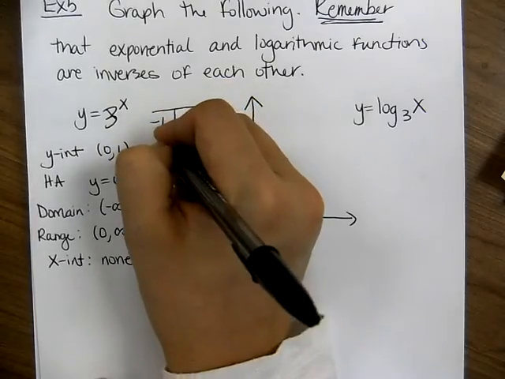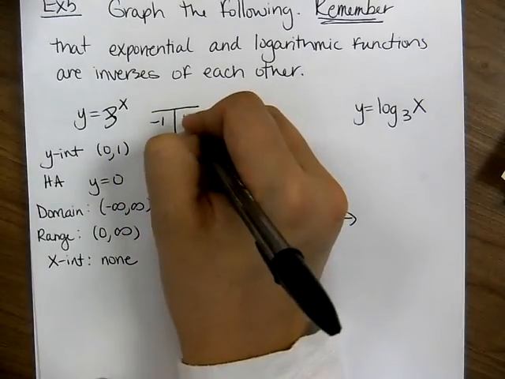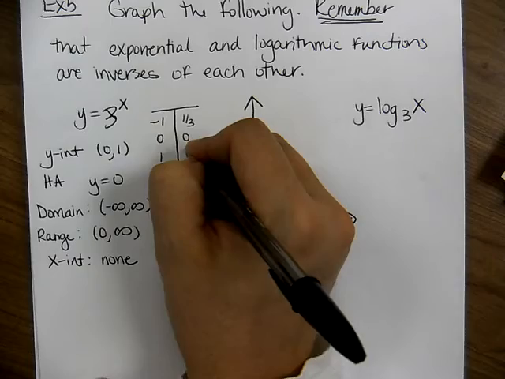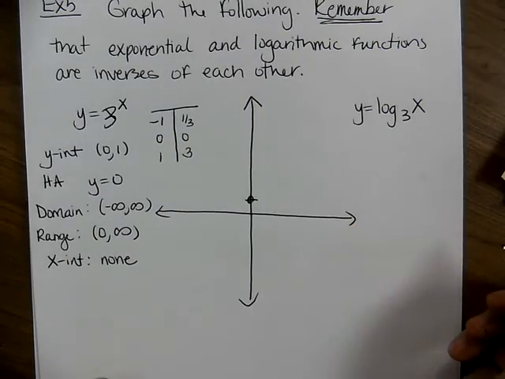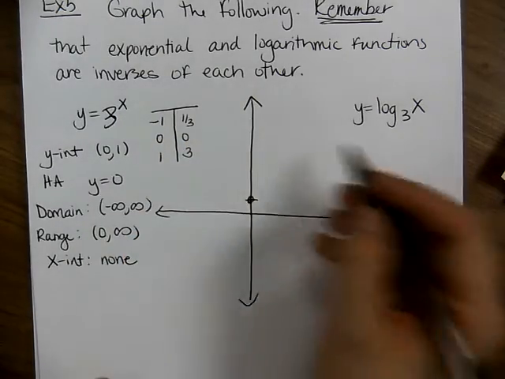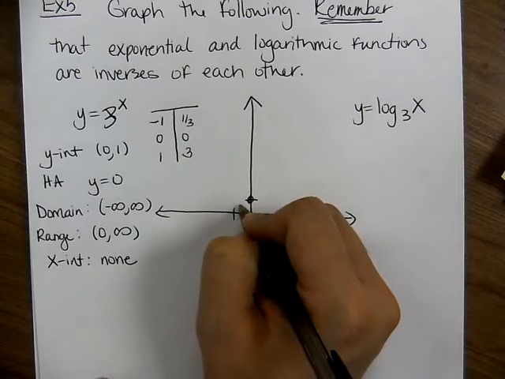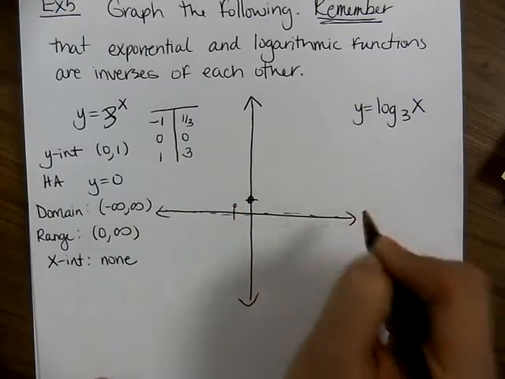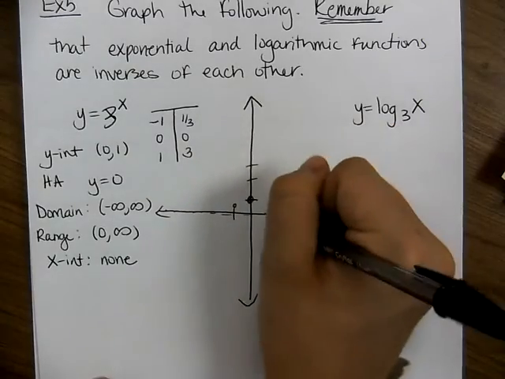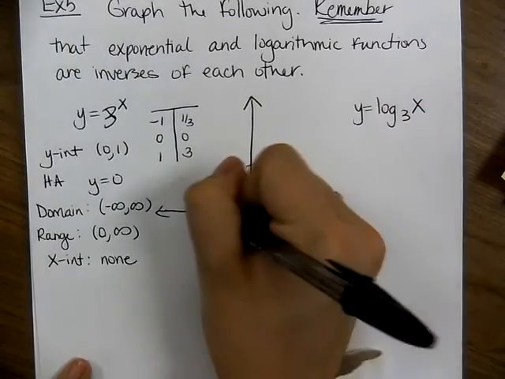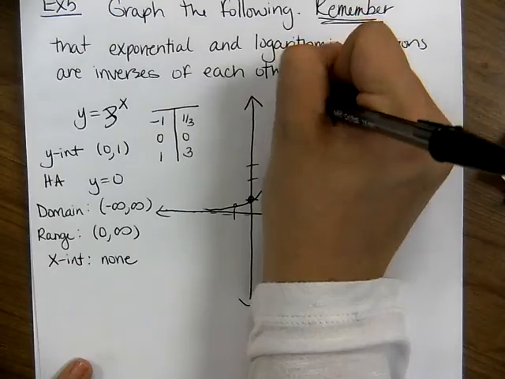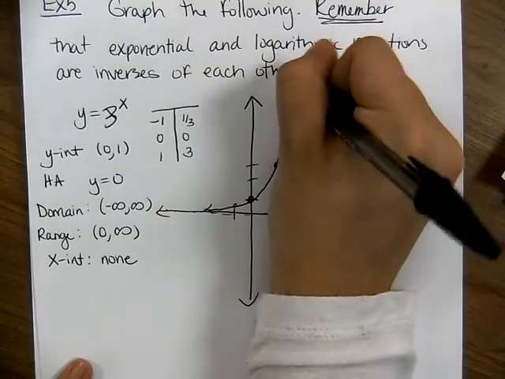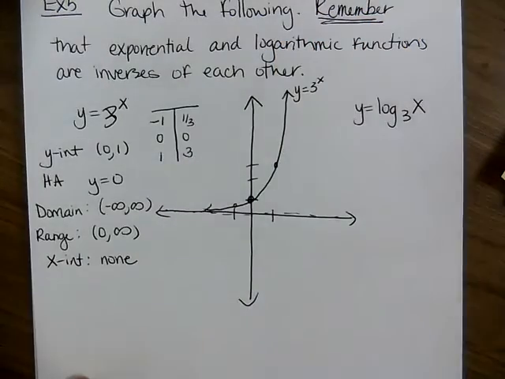If we have negative 1, 0, and 1, we know we're going to get 1/3, 1, and 3. If I plug in negative 1, 0, 1, so negative 1, 1/3, I know that I have a horizontal asymptote here, and then 1, 3 is going to be like here. So here is my exponential function, y equals 3 to the x.